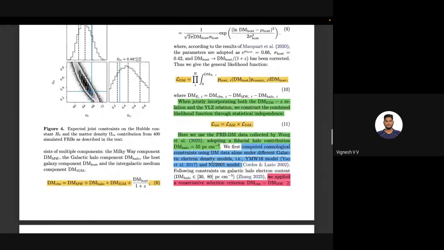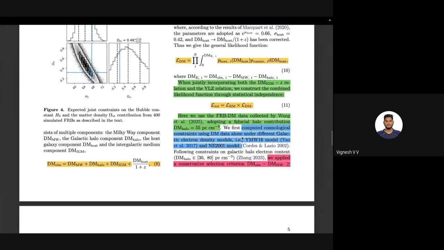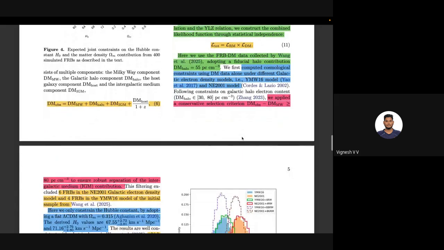So basically what they did, before going on to calculating the combined H naught, is they first calculated the H naught using only the DM data, with the help of DM data mentioned in the Yang et al. paper, but here they used two models of DM Milky Way.